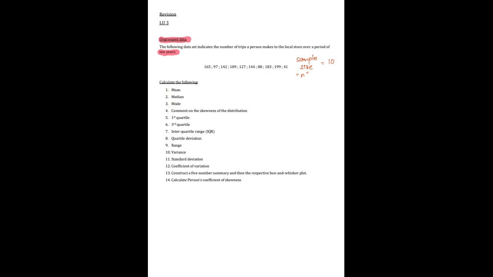So a lot of the time, although you don't need it for every calculation, the best way to start with a section like this is to rearrange your values so that they are in ascending order, meaning from smallest to largest. So I'm going to rearrange these figures and write it out for you in ascending order so that when we do require it in ascending order, it already is done for us and we can just look to the information and get to our solutions.